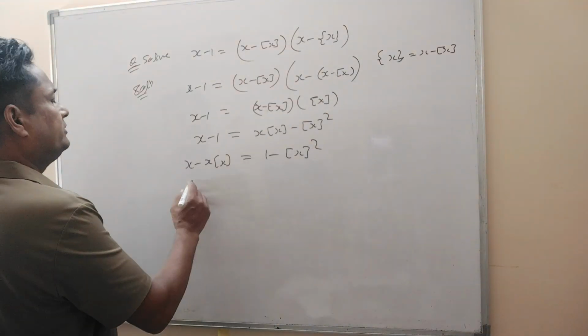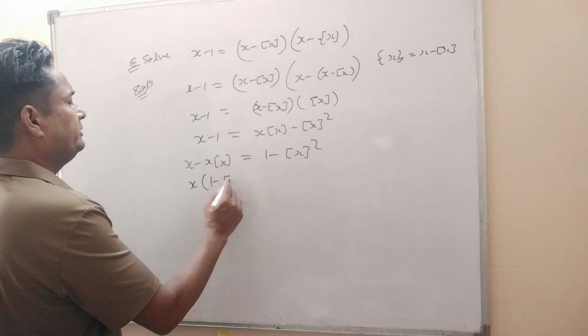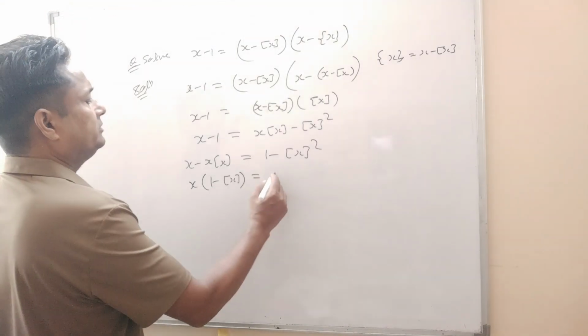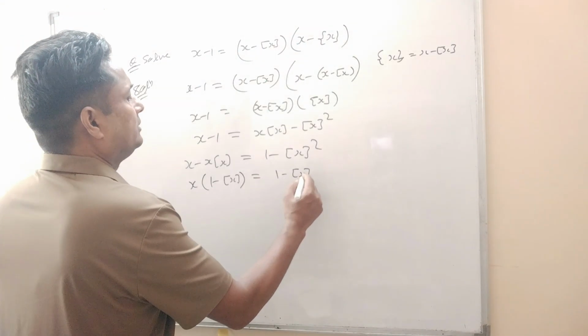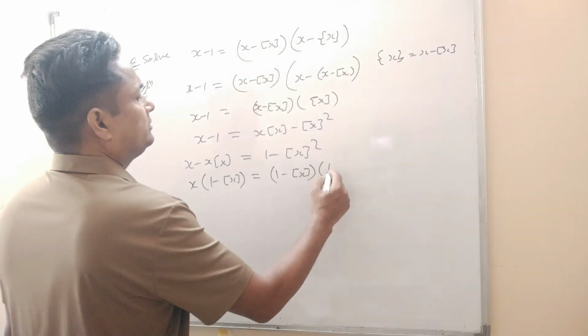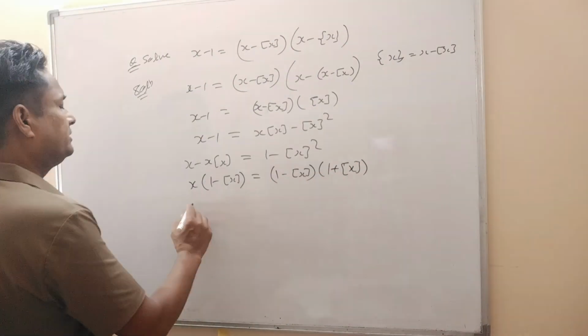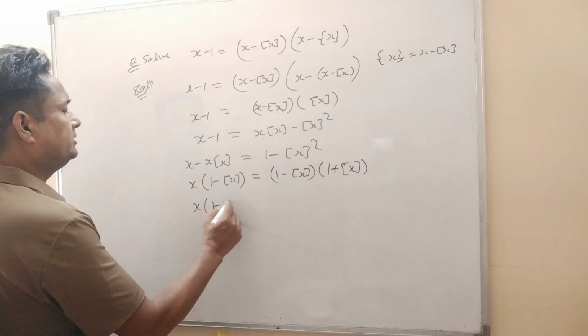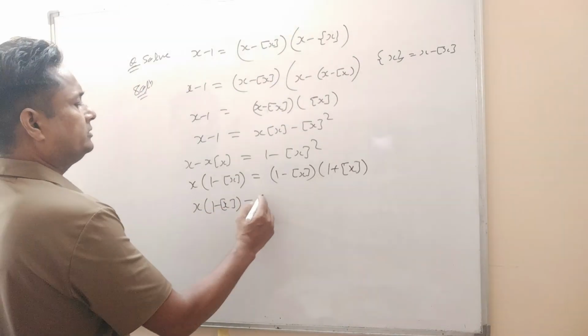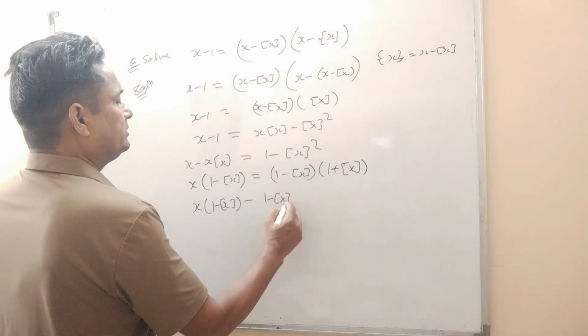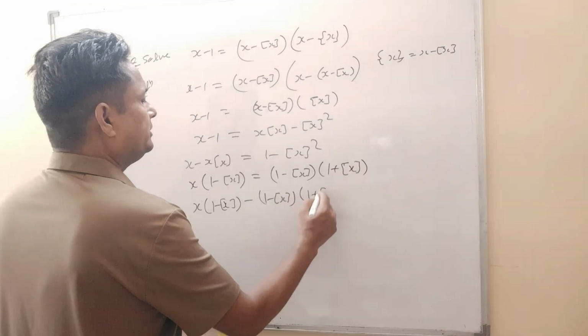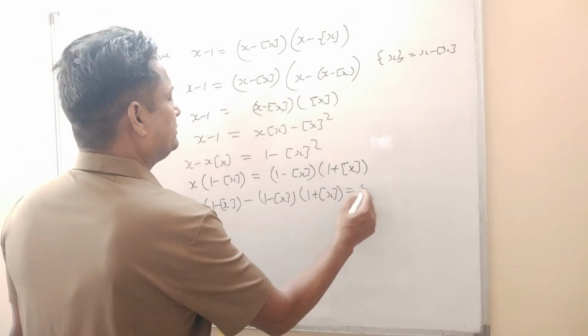Take x common here, so it will be x into 1 minus greatest integer x is equal to, this can be written as 1 minus greatest integer x into 1 plus greatest integer x. Now take the left hand side, it will be x into 1 minus greatest integer x minus 1 minus greatest integer x into 1 plus greatest integer x is equal to 0.